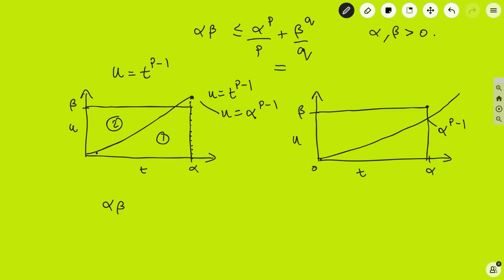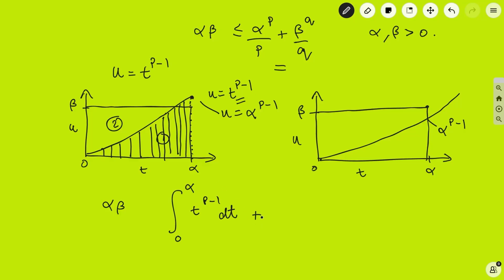If you integrate this curve, you basically find the area under this curve from the point 0 to alpha. Let me write this here. Integral 0 to alpha, and the curve is nothing but t to the power p minus 1. So you integrate from 0 to alpha t to the power p minus 1 dt. And that's basically this area, what I have drawn here.